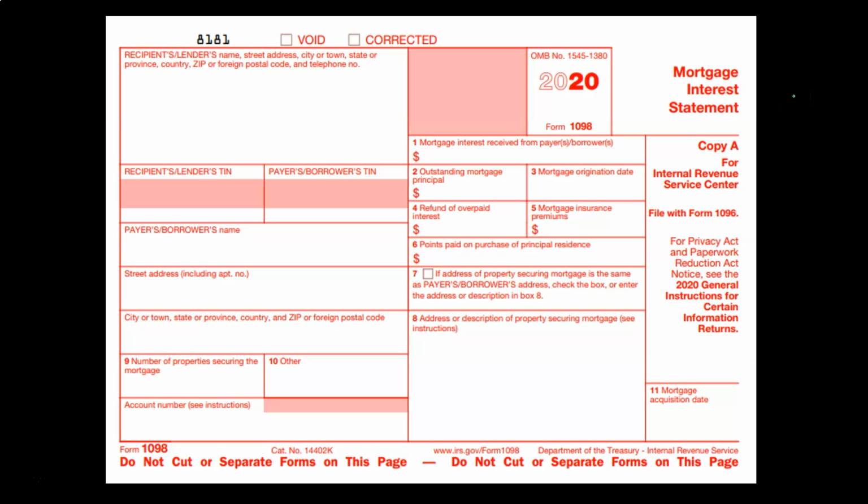If someone has a loan for the home loan, then you'll typically get some format of 1098. It might not look exactly like this, but the boxes will once again line up. So if you have questions about it, then you can go to the IRS website, look up the instructions for the Form 1098 and have your questions answered there. We have the mortgage interest received from the payer borrower here in box 1.